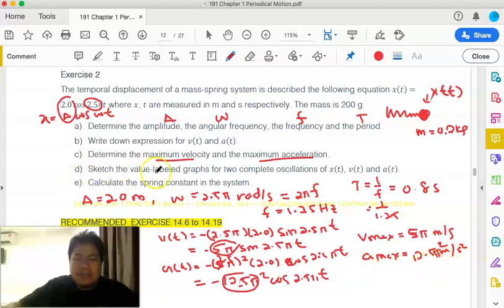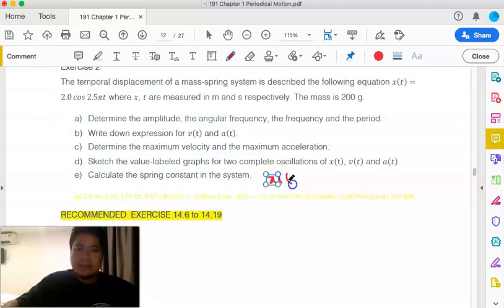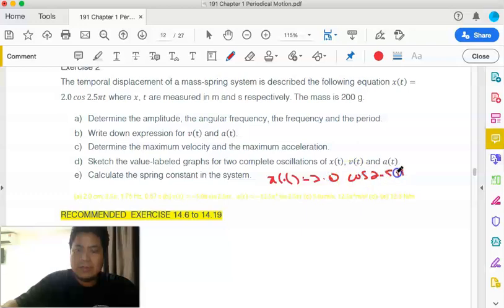Now sketch the value-labeled graph for the complete oscillation. So we make it fresh again. You have x(t) equal to 2.0 cos 2.5 pi t.